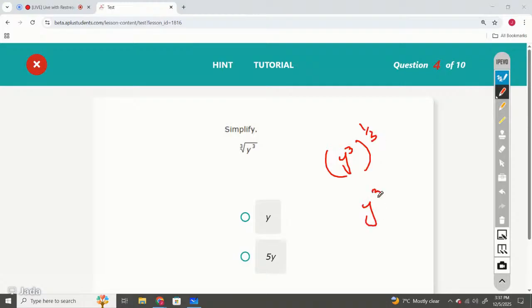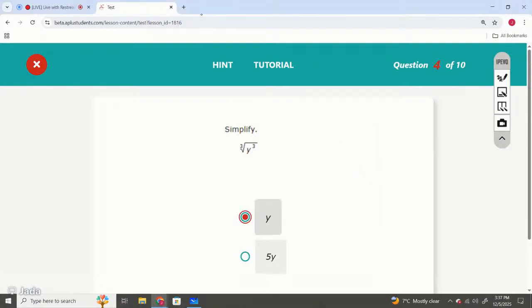So 3 times 1 by 3, 3 and 3 cancel out, we are left with y. Option number 1 is the correct option, that is y.